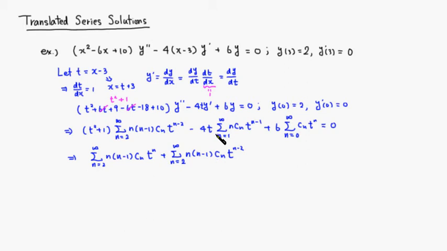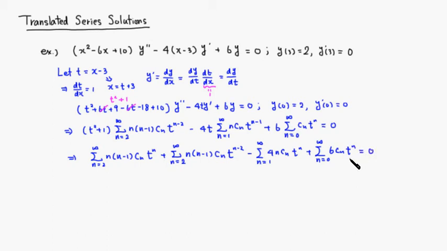Then minus the summation, n goes from 1 to infinity, 4n cn, and t times t to the n minus 1 would be t to the n. Then plus the last one, the summation, n goes from 0 to infinity, 6cn t to the n. This is equal to 0.